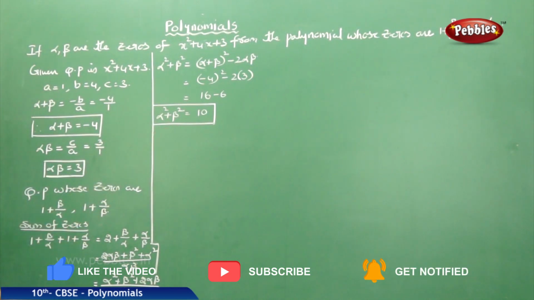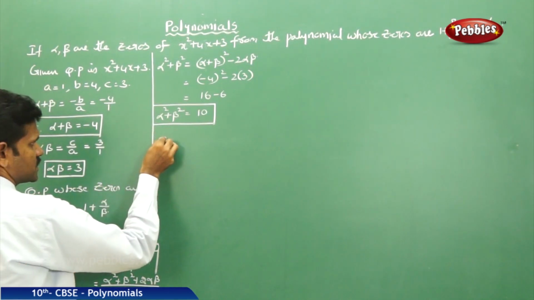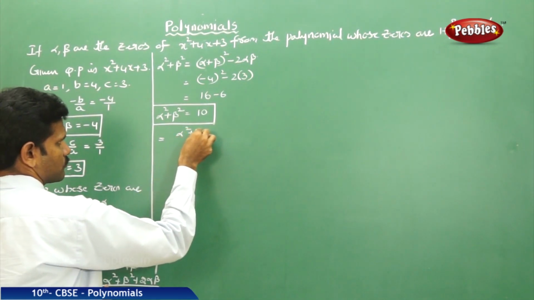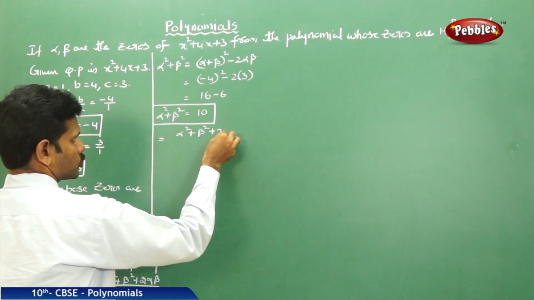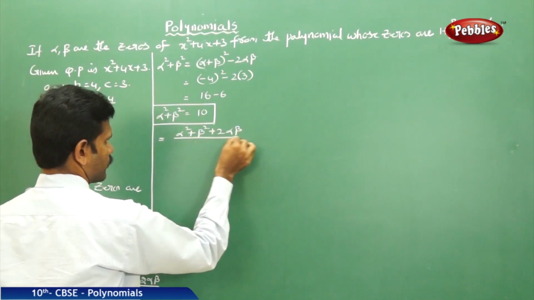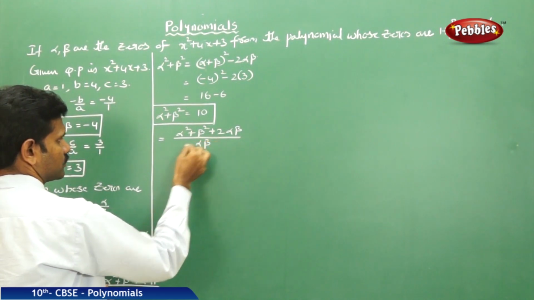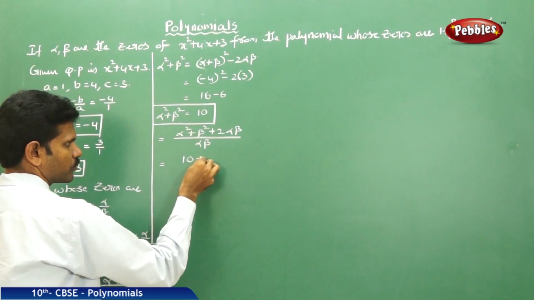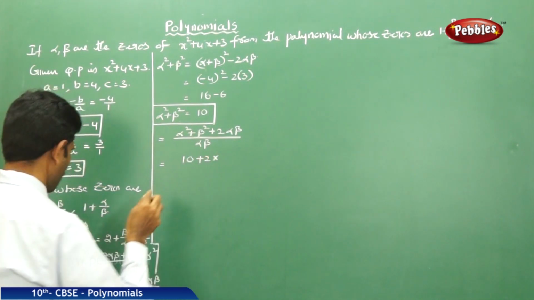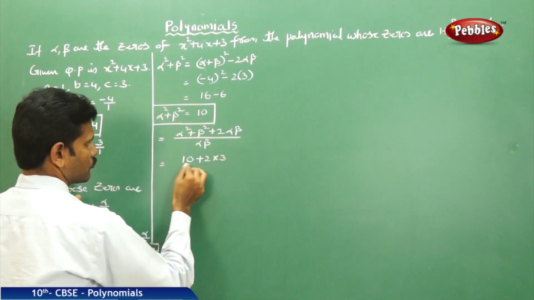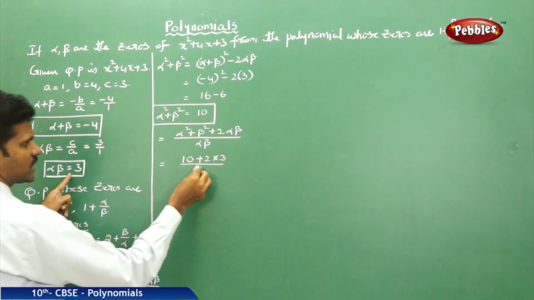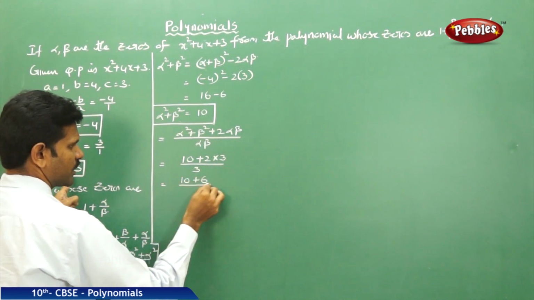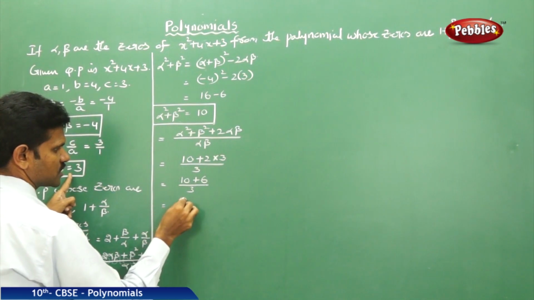Now substitute these values in the previous equation. What is the previous equation? Alpha square plus beta square plus 2 alpha beta by alpha beta, that is equal to alpha square plus beta square value 10 plus 2 times alpha beta value 3, by alpha beta value again 3, that is equal to 10 plus 6 by 3, that is 16 by 3.